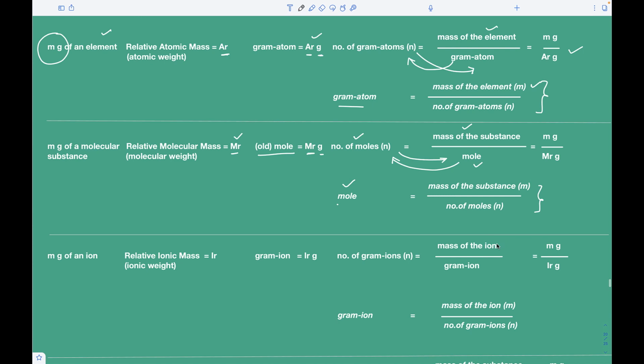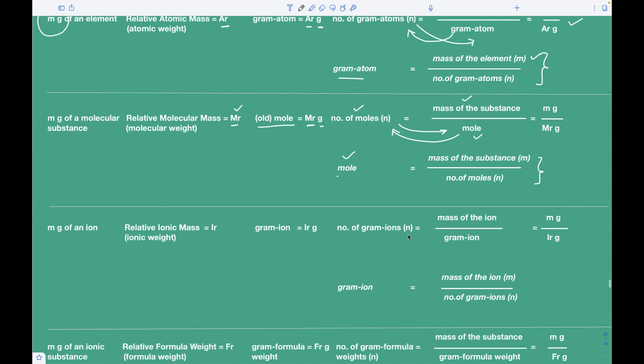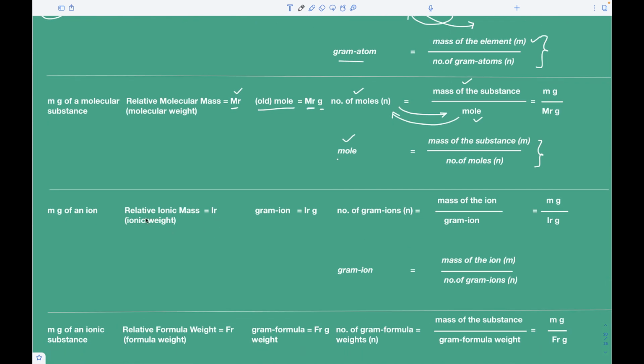Similarly, the number of gram ions is equal to given mass of the ions over gram ion. And if IR is its ionic weight or relative ionic mass, then 1 gram ion is its ionic weight in grams.